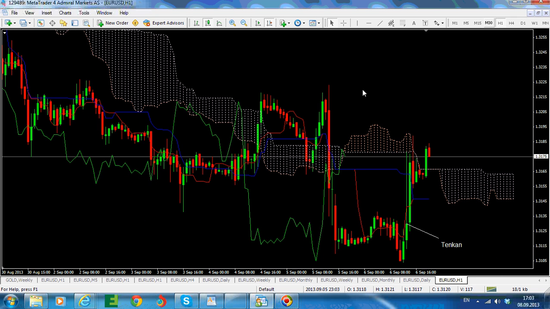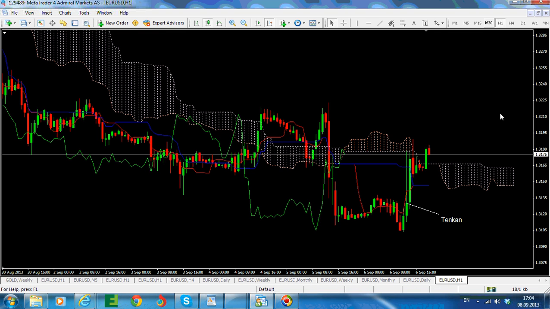One of the early signs that a shift is happening is the Kinjun Tenkan cross. So if you are really looking for price to reverse and you're looking at the Ichimoku Kinko Hyo indicator, then it is impossible for the price to reverse from a bearish environment like it is now to a bullish environment unless the Kinjun and the Tenkan lines cross.